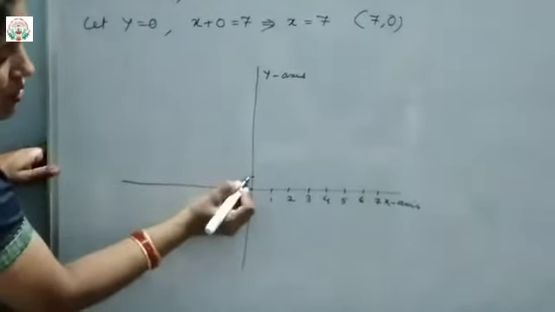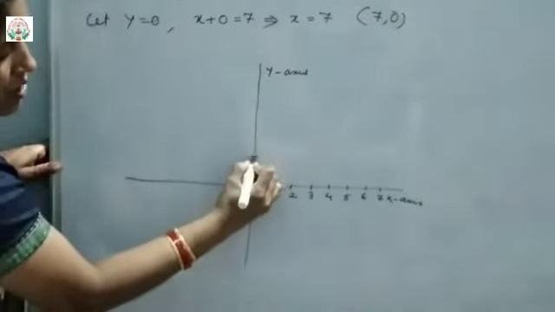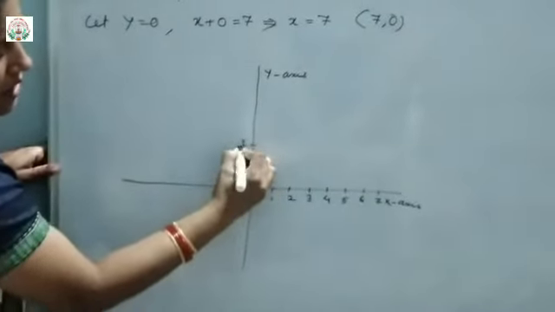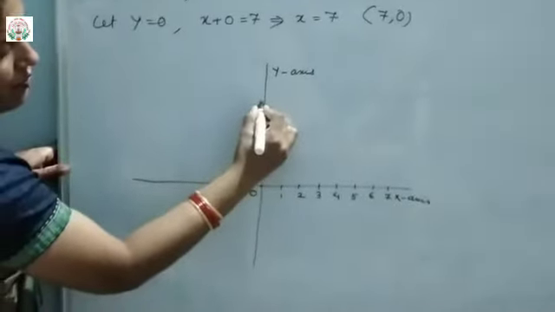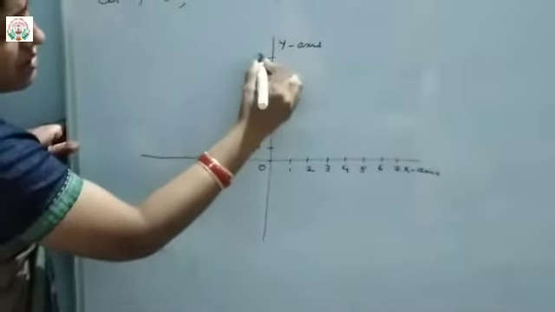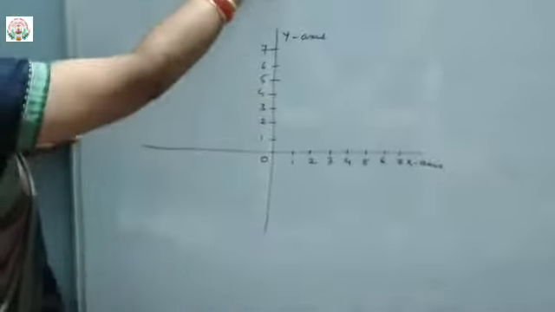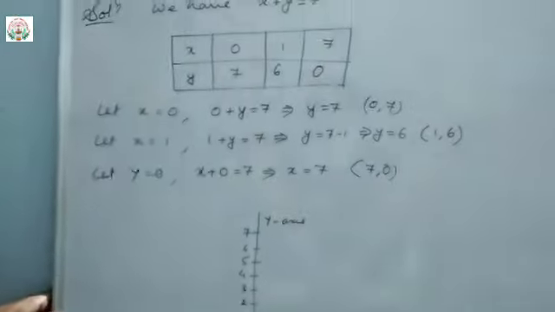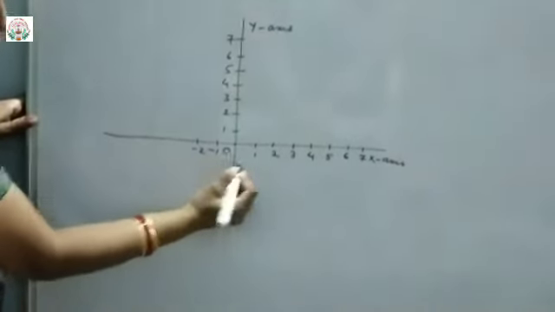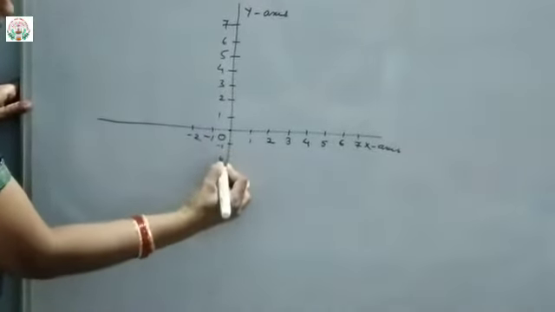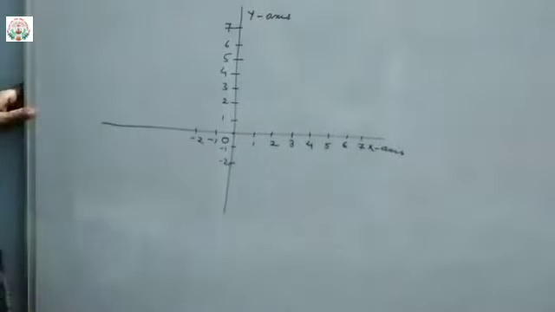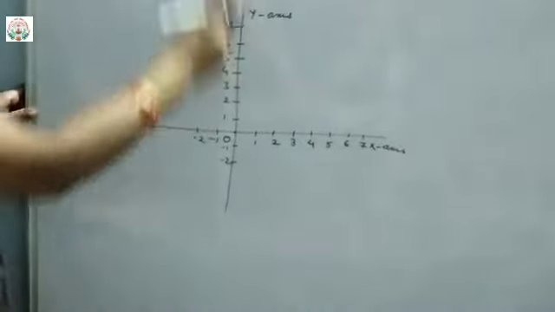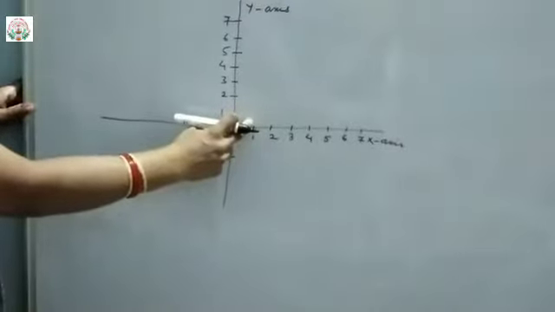Here also 1, 2, 3, 4, 5, 6, 7. You can see nowhere we have negative values, so only positive values we will take and leave the negatives, -1, -2, because minus values are not there in the table. Now see the table and do the marking here in the graph paper.